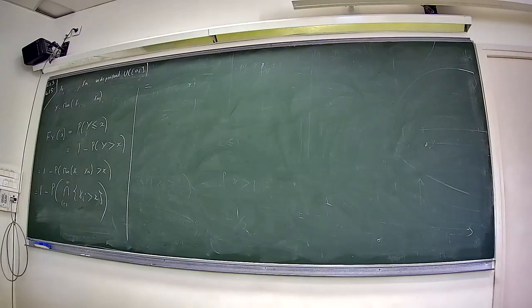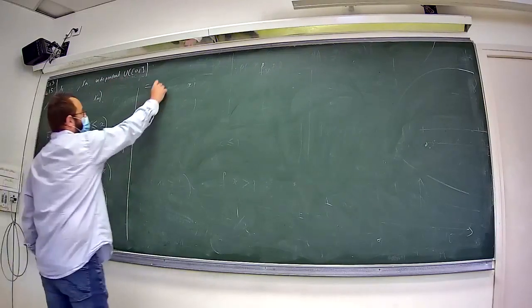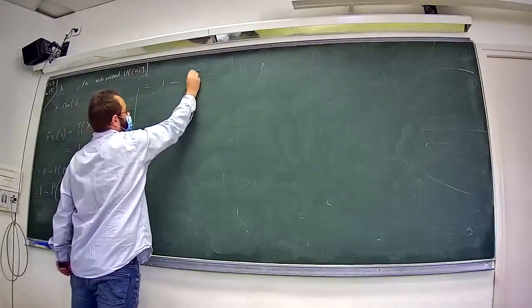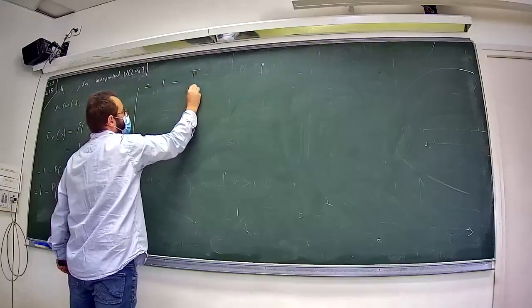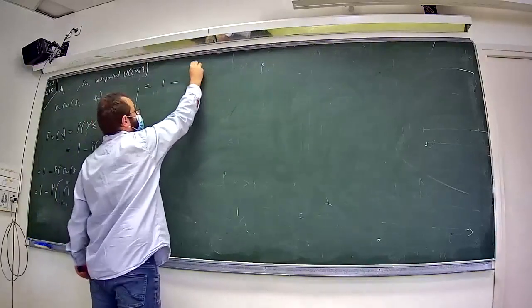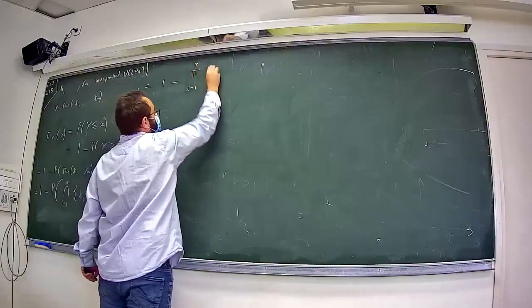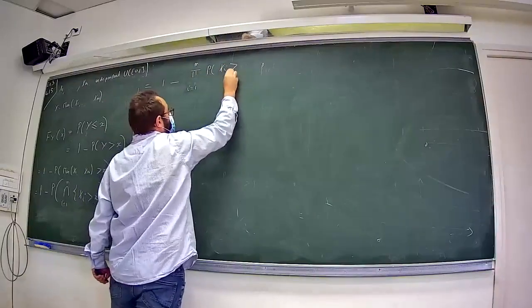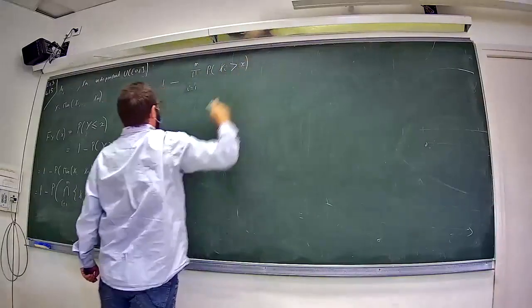I have independence about all these random variables. So I obtain 1 minus the product from i equal to 1 to n of the probability that Xi is strictly greater than x.